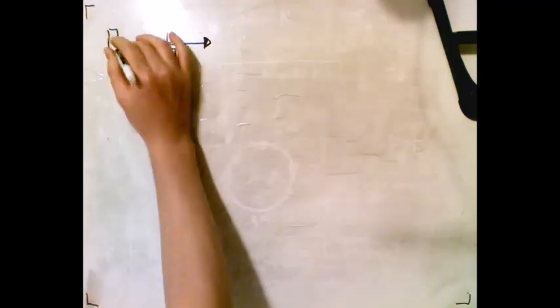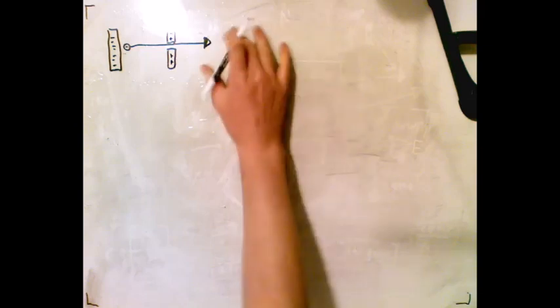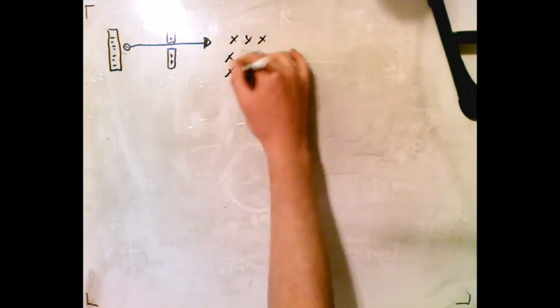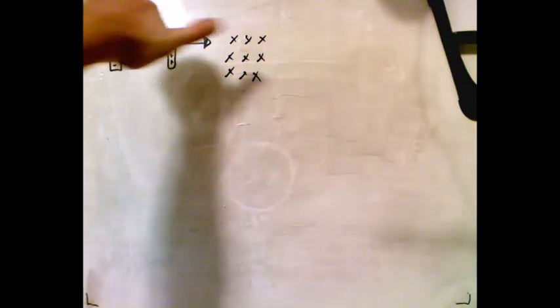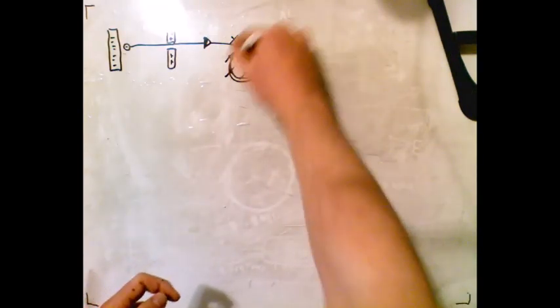If it wants to be accelerated, it has to start where it doesn't want to be, by the negative plate, and here it's by the positive plate. And then once it gets past that, it enters a magnetic field. The direction doesn't really matter, so we'll just say it's going into the page. And as it goes into the page, it's going to be deflected downwards, and it's going to start moving in a circle like that.